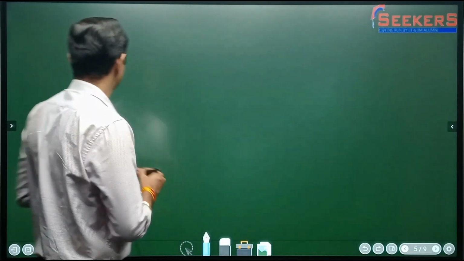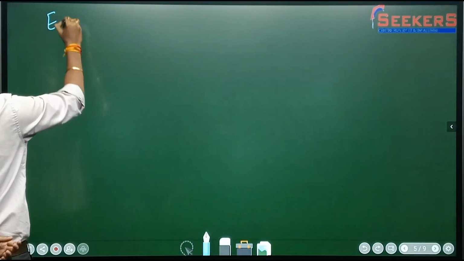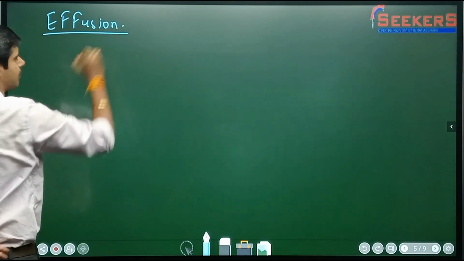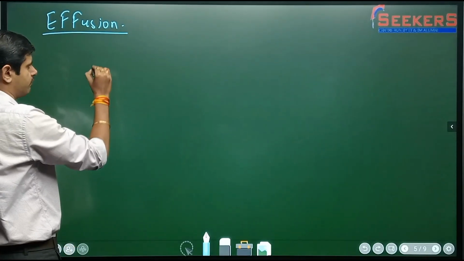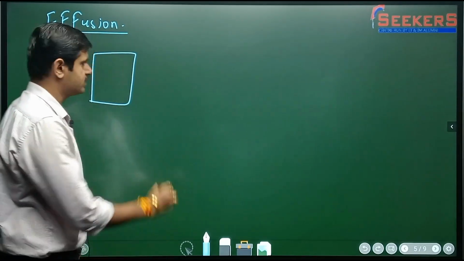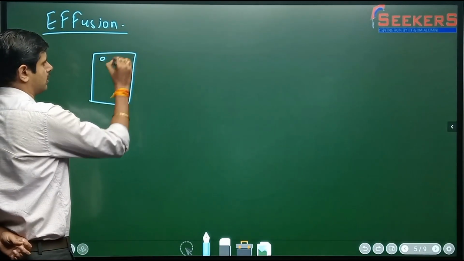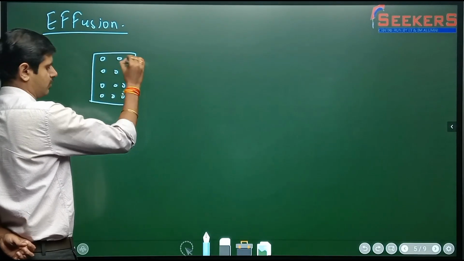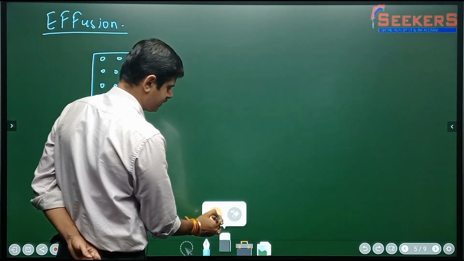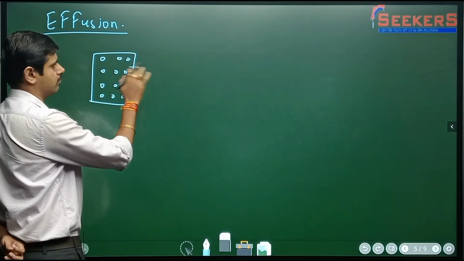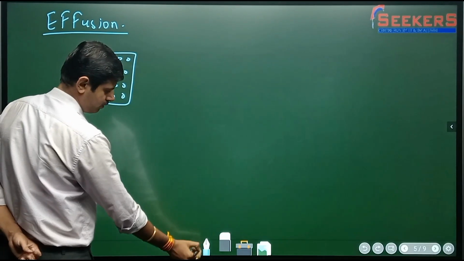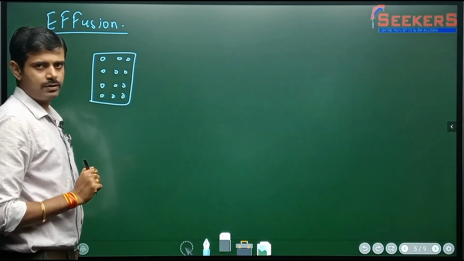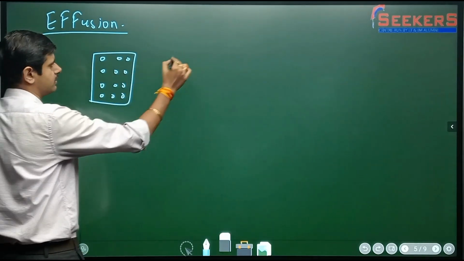Now we will come to effusion. For example, any gas is passing through an orifice, like one chamber of gas having gas particles inside.